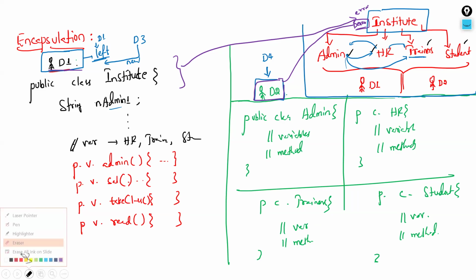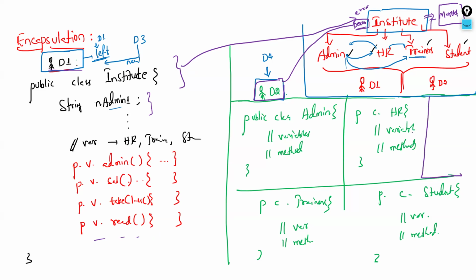Then which approach is better? There is one more department to add. So is adding all these market-related variables and methods in the same class better, or creating a separate class?